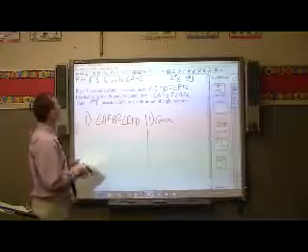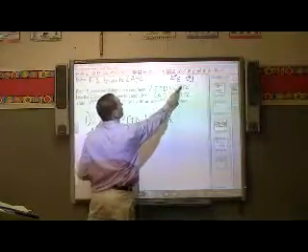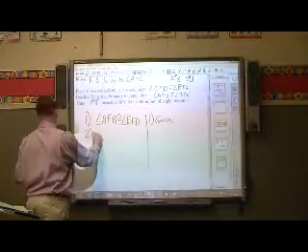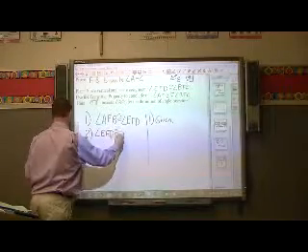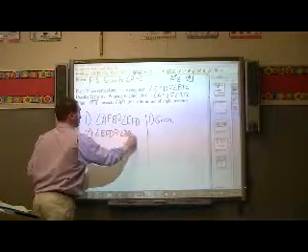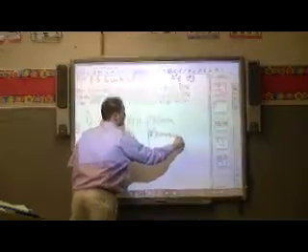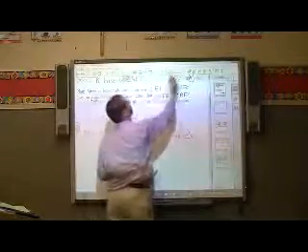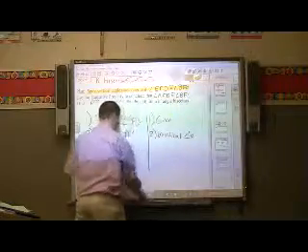Okay, so next part of the sentence says, since vertical angles are congruent, EFD is congruent to BFC. So that's what I'm going to say. 2. All I did is just copy what they said. They gave it to me, and I used it. Okay?